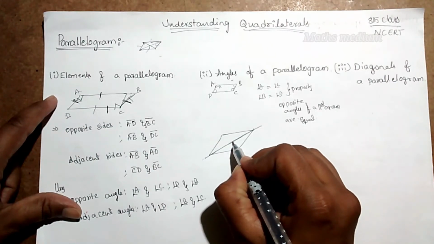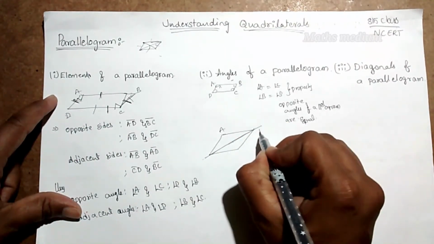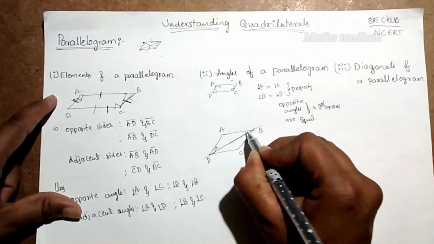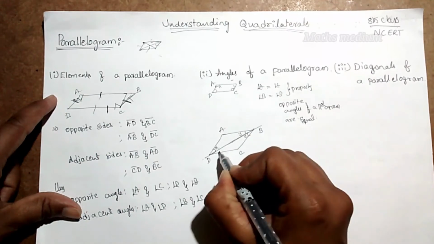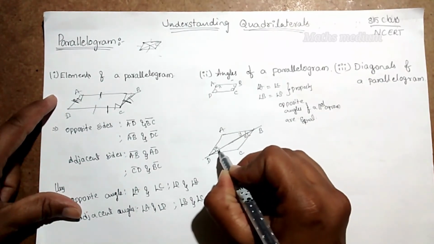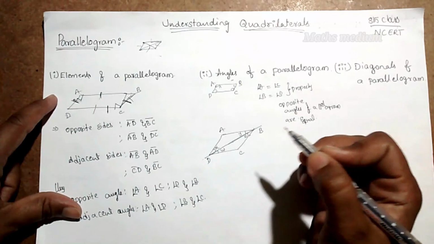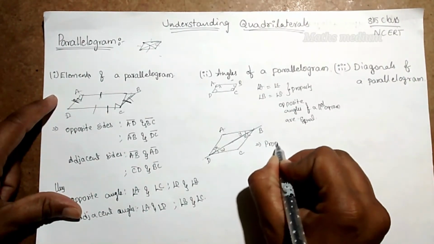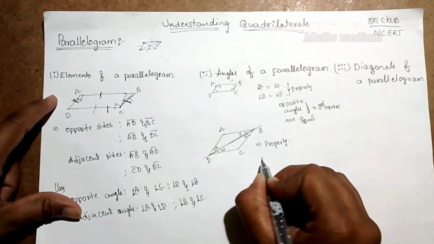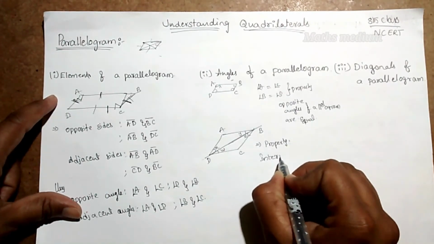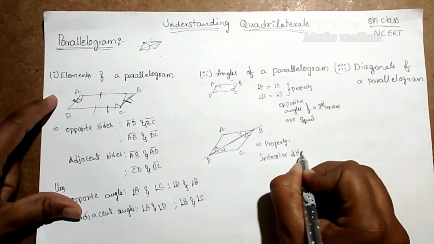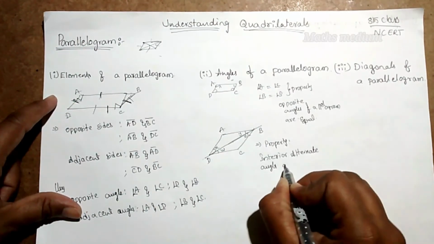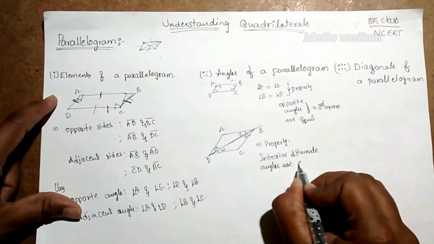So this is A, B, C, D. Let it be X, this is Y, this is Z, and this is W. So here is another property: interior alternate angles are equal.